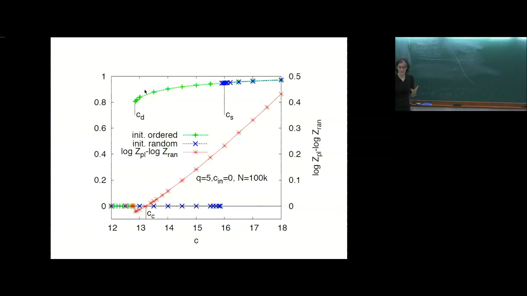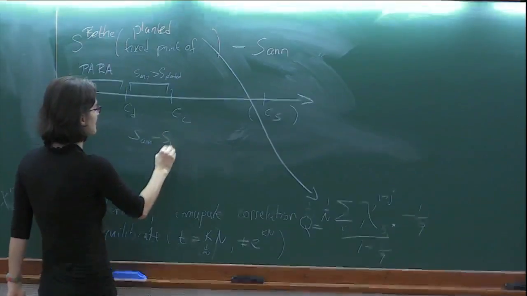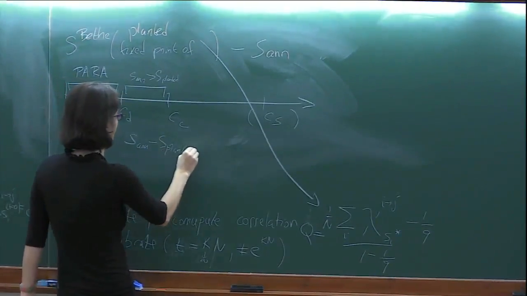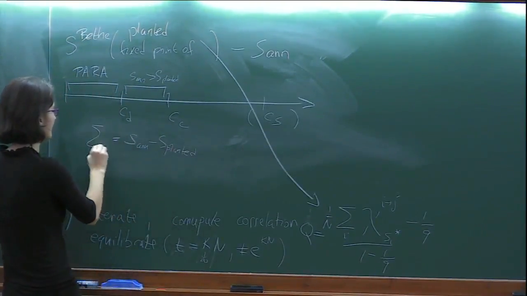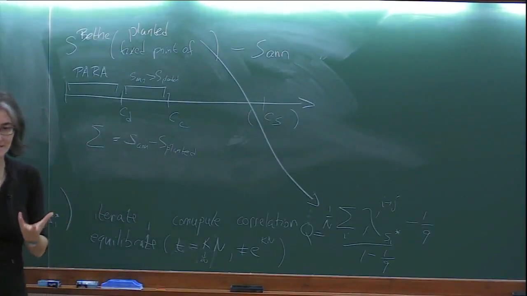And we remember that entropies are defined as logarithms of something exponentially big. So if the difference of entropies is some finite number, it tells us how many of these states, these blobs, there are. The entropy of those blobs would be the difference, S annealed minus S planted. I will call it capital Sigma. So that would be the entropy of how many of these states we have there.